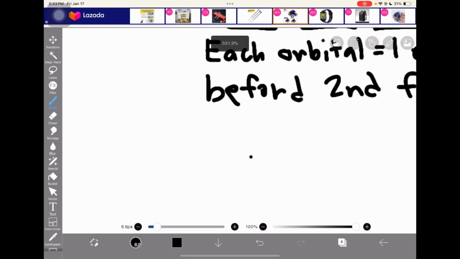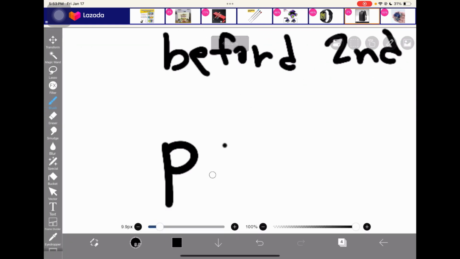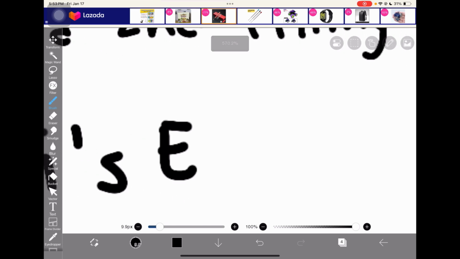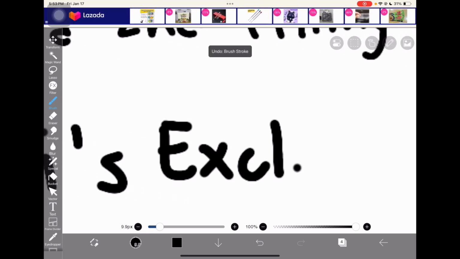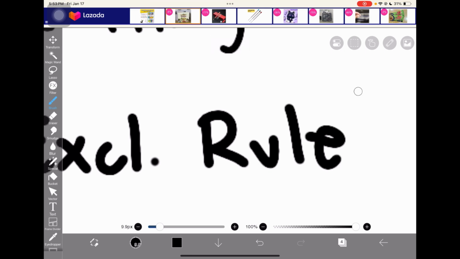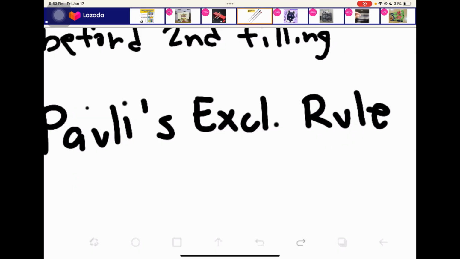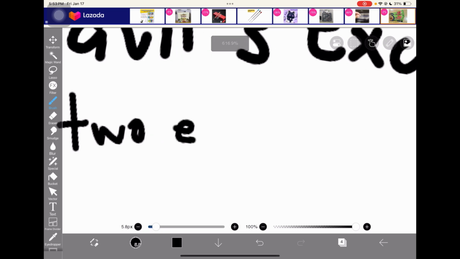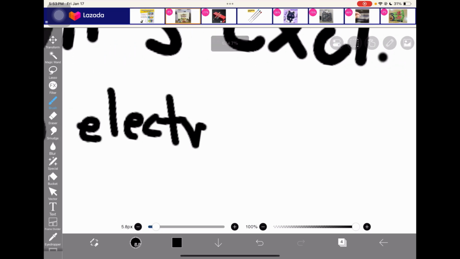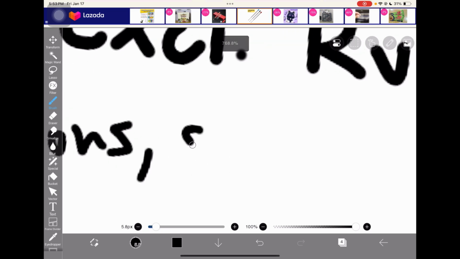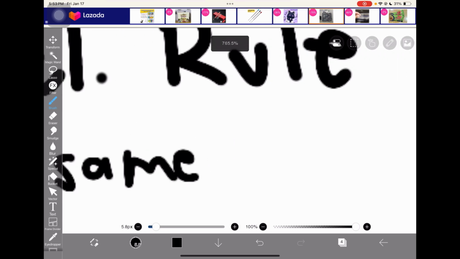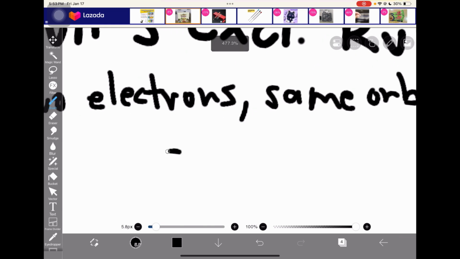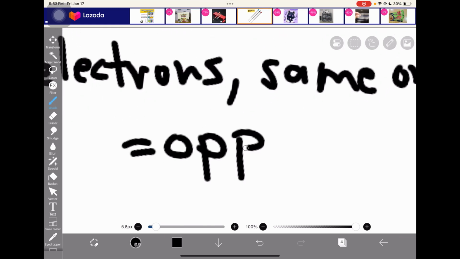Then, not really similarly, but Pauli's exclusion rule. I'll just shorten it. It just means that two electrons in the same orbital must have opposite spins.